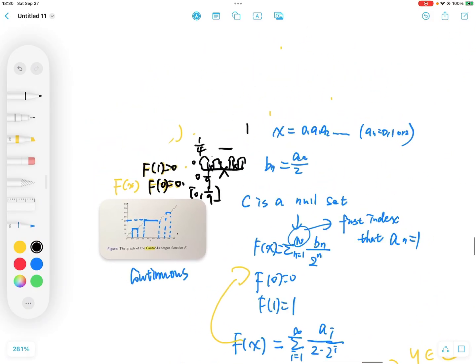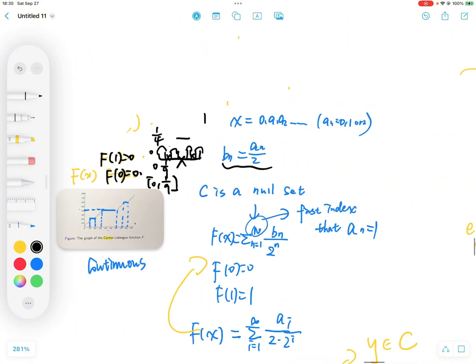Now let's say b_n equals a_n over 2, and x is just 0.a1 a2 ..., where each a_n equals 0 or 1 or 2. Now let's define N as the first index n for which a_n equals 1.